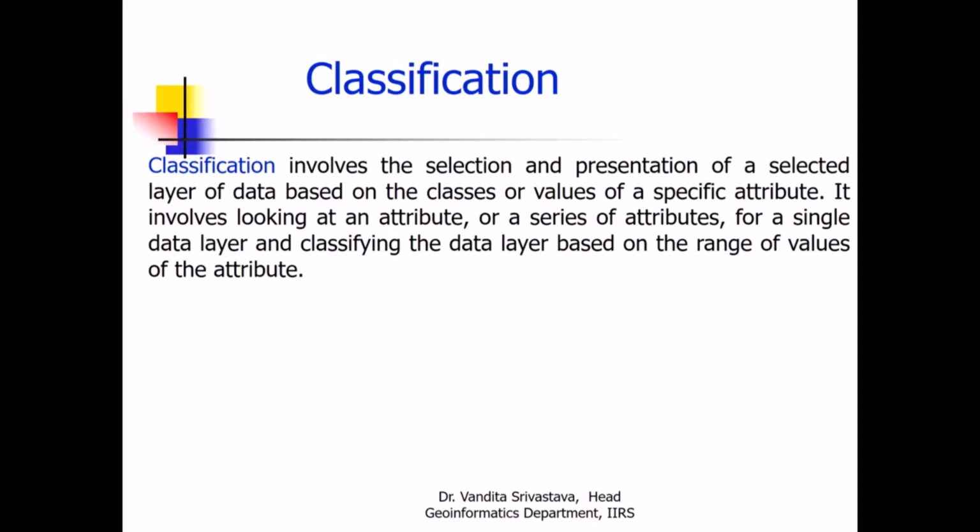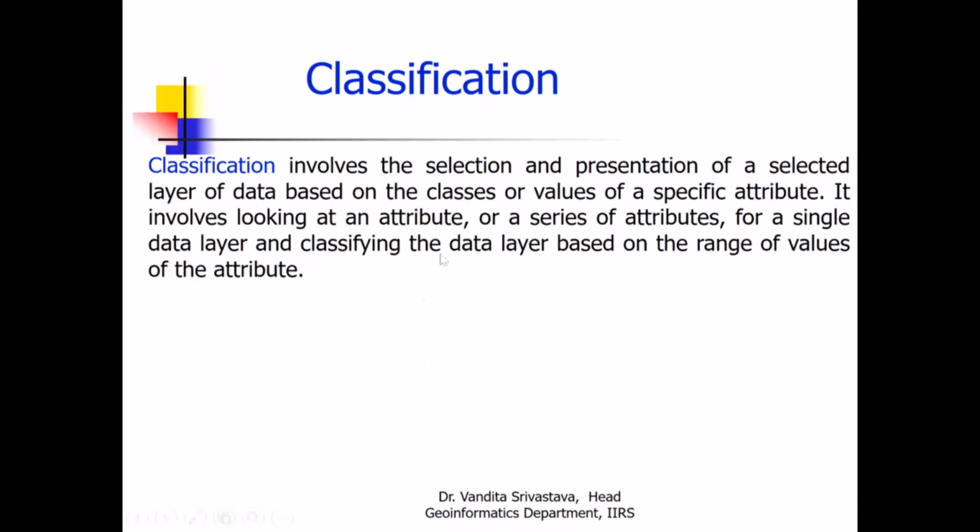Although it is a very generic concept, we all know what classification is. We can express it in this form: it involves selection and presentation of a selected layer or data set based upon some specific attribute. So, we want to categorize our data based upon certain specific attributes, that is classification.